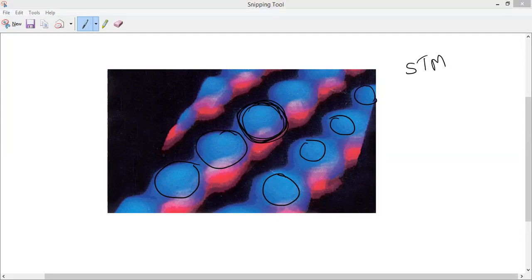If you see the bumps on the surface of a solid using a scanning tunneling microscope, the surface of the solid... you can take our textbook, which has given gallium, correct guys? Gallium, I think. What have they given, silicon or gallium? They have given silicon only, sir. Okay, silicon.